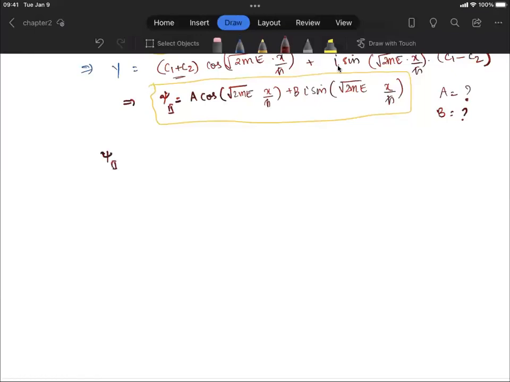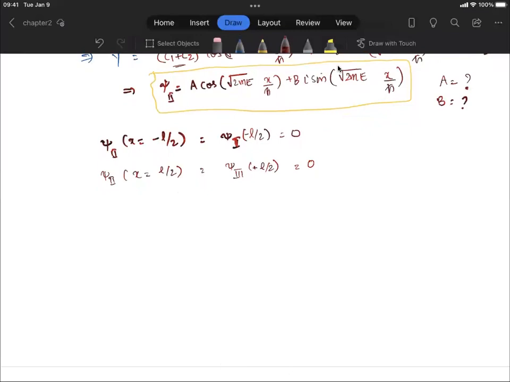So psi 2 at x equals negative L by 2 is going to be the same as psi 1 at negative L over 2, which is 0. And psi 2 at x equals L over 2 is going to be the same as psi 3 at x equals L over 2, which is 0.